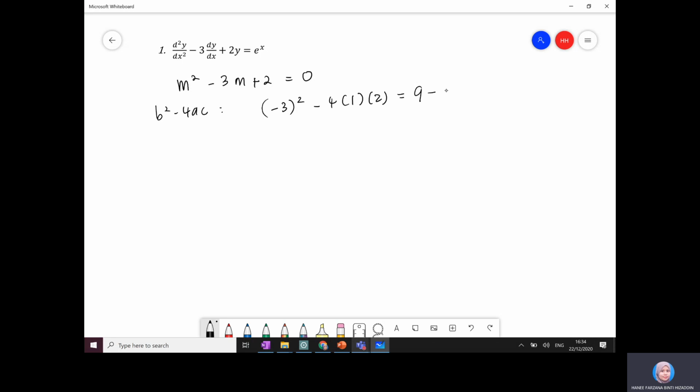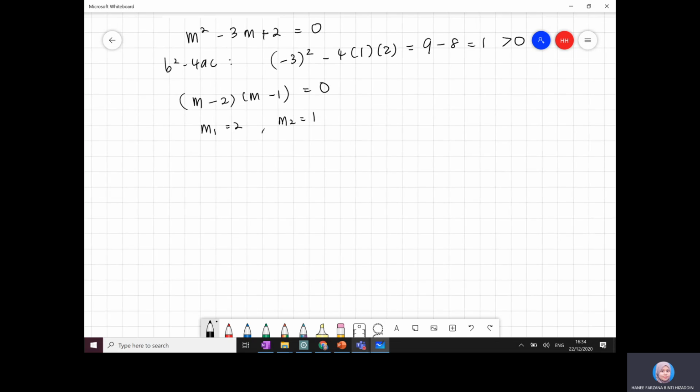So you have 9 minus 8 equals 1. This is greater than 0, so you have real and distinct roots. So you can factorize: m minus 2 and m minus 1 equals 0. Your m1 is 2 and your m2 is 1, or vice versa, doesn't matter.